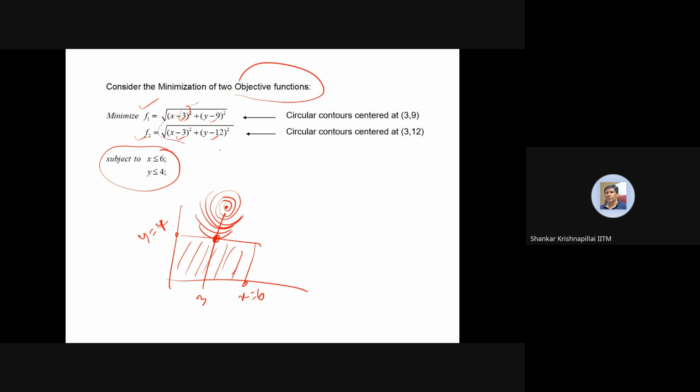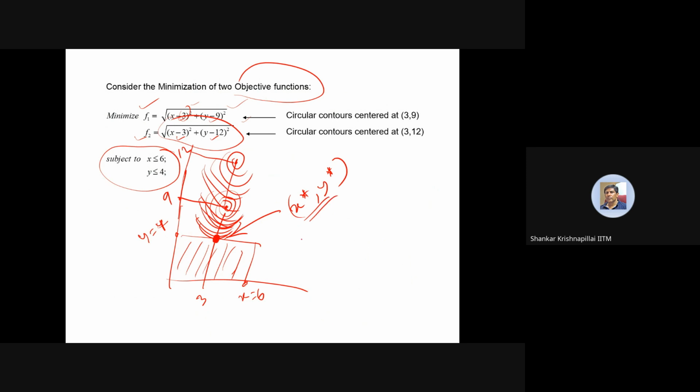And these are contours of the objective function centered at (3, 12). These come like this, and they touch at exactly the same point, x*, y*. So you can see that for this example, although we have two objective functions, their contours are hitting the feasible region at one point.